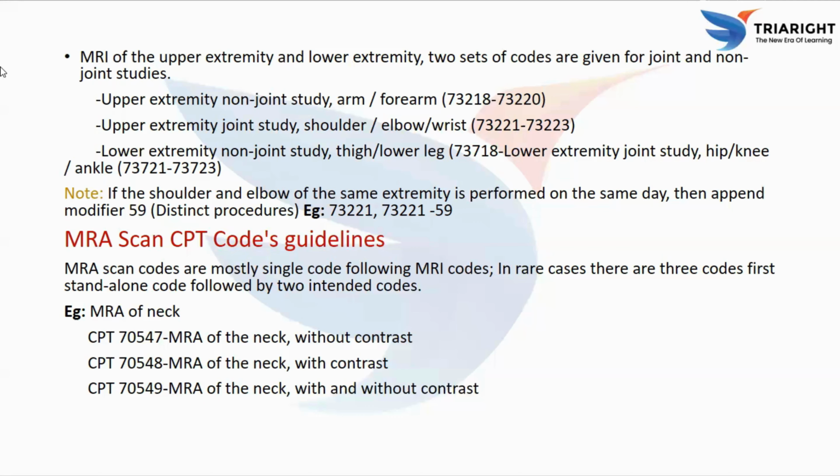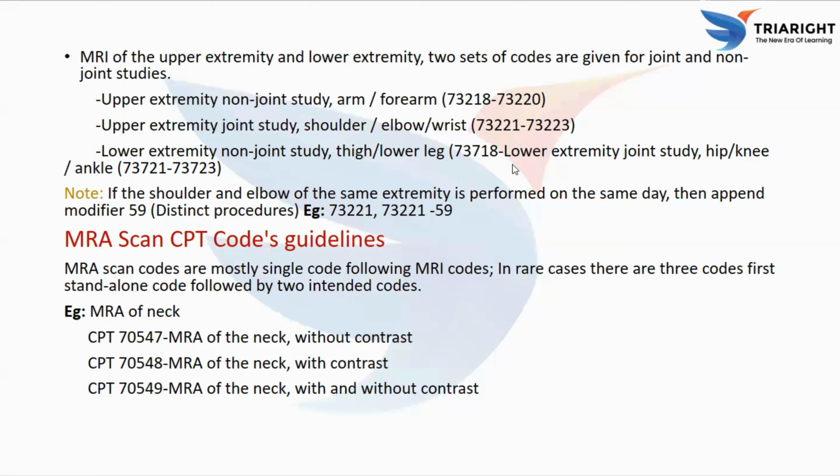And what are the lower extremity MRI codes? For lower extremity non-joint studies, the CPT codes are 73718 to 73720. These are generally used for thigh and lower leg, which is the calf. You have to assign 73718 for MRI without contrast, 73719 with contrast, and 73720 for with and without contrast.